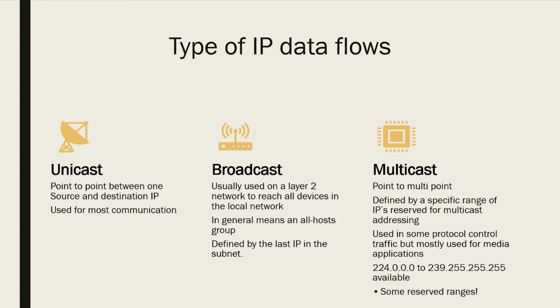So we use the last address inside that subnet range to identify it as a broadcast destination IP address, and that can flow over a normal L3 network. And then when it gets to that specific end subnet, the devices and the routers and the switches will know, hey, this is broadcast traffic, let's flood it out across our network.